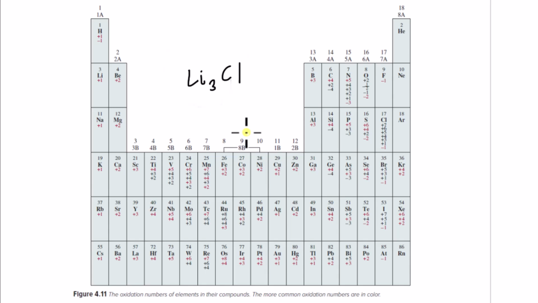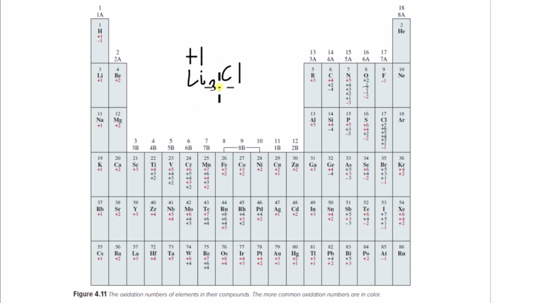Li3Cl, lithium chloride. These compounds have been observed to exist, even if very briefly, in a highly unstable, non-standard temperature and pressure state. But they have been observed to exist, so we can think about what the oxidation numbers are on the atoms in this compound. Well, we have 3 lithiums here. Lithium is an alkali metal, so each of the lithiums is going to have an oxidation number of +1.